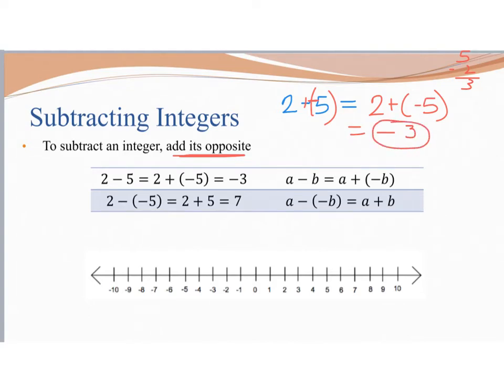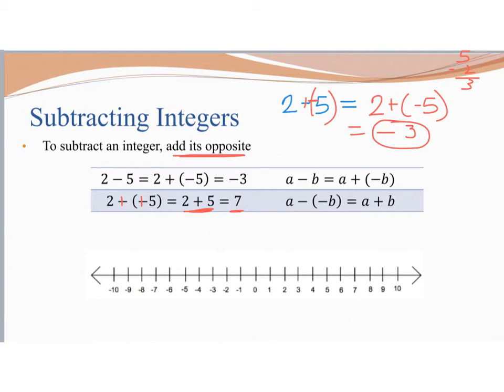Likewise, kind of like what we just did in that previous mini example, if I have a double negative, as in the case down here, if I come in here and I change my subtraction into an addition, I'm really going to be doing 2 plus 5, or in this case, I get an answer of 7. So if you change your subtraction sign from a subtraction to an addition, you're really changing the sign of the next number.